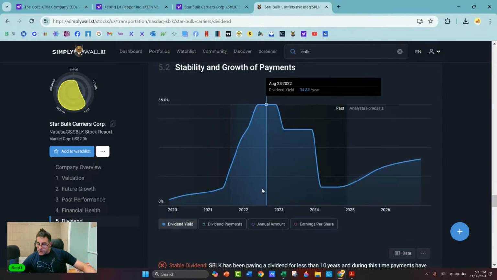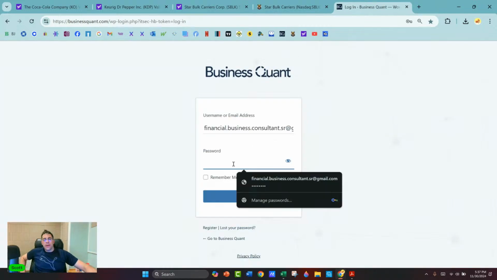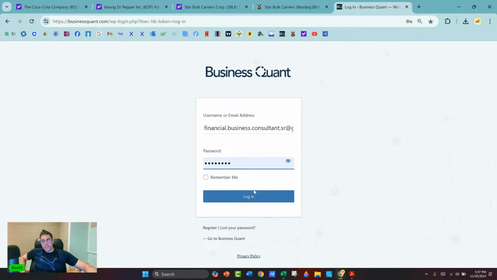How do you like Business Quant? Had never heard of it. It's good. I mean, it's free. They gave me a free subscription, so that's why I use it. I like it because I use it for the industry comparison chart when I compare all the companies in the same industry. That's really what I use it for.